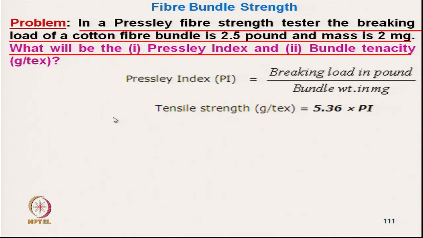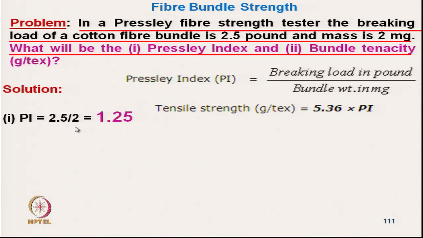Now, it is a simple direct formula. Pressley index is breaking load in pound over bundle weight in milligram, and if we want to convert the Pressley index, as we have seen earlier, for 0 gauge length its value is 5.3. Here it is given, this is the 0 gauge length form. Okay. So, this is the Pressley index.